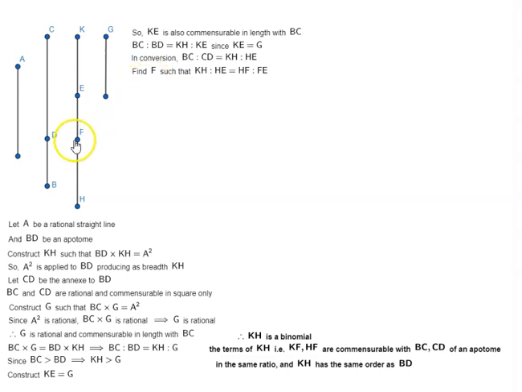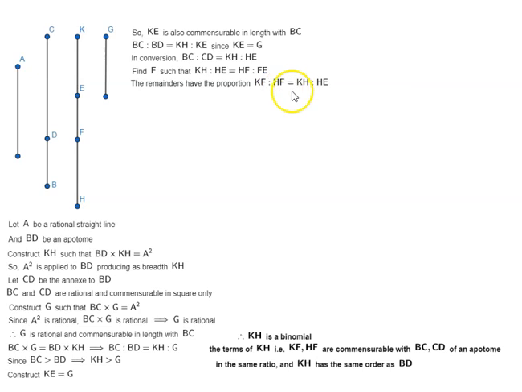Now we find F such that KH is to HE is equal to HF is to FE. Now the remainders have the proportion KF is to HF is equal to KH is to HE. What does this mean? KH minus HF is KF. HE minus FE is HF.